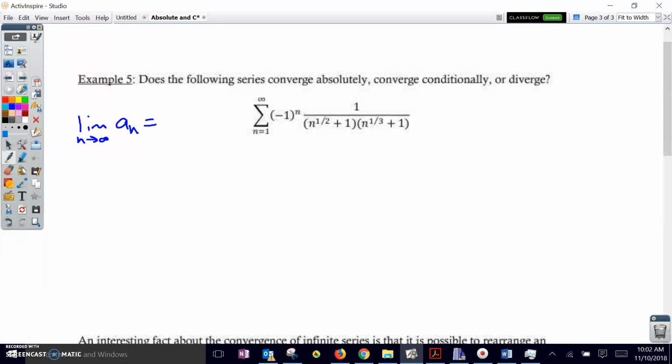And let's see, that does approach 0 as n approaches infinity. Yeah. So the nth term test is inconclusive. So then we need to look at, does it converge absolutely?